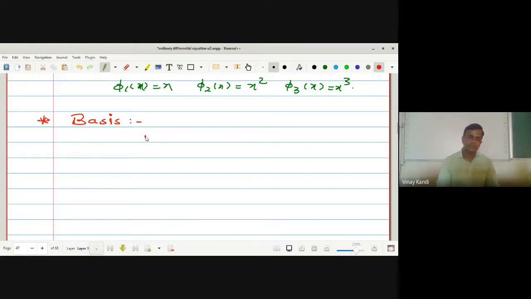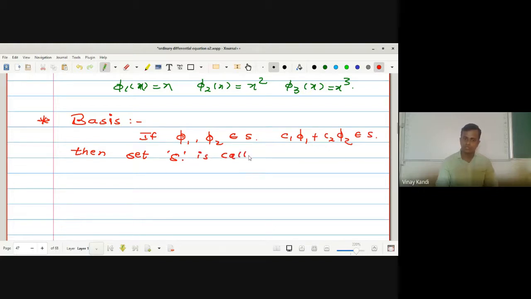If phi 1, phi 2 belongs to S, then c1 phi 1 plus c2 phi 2 also belongs to S. Then the set S is called a linear space.